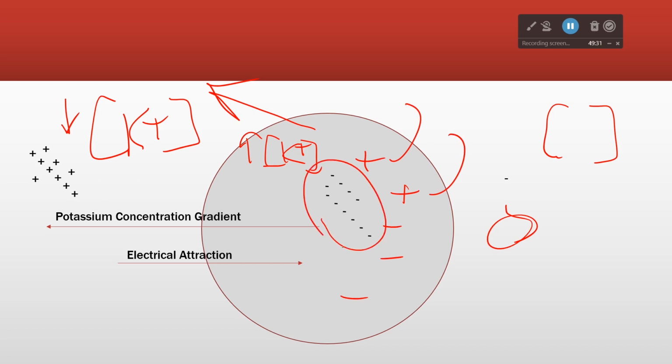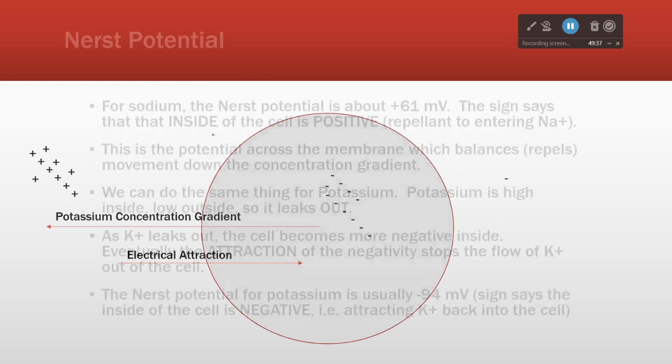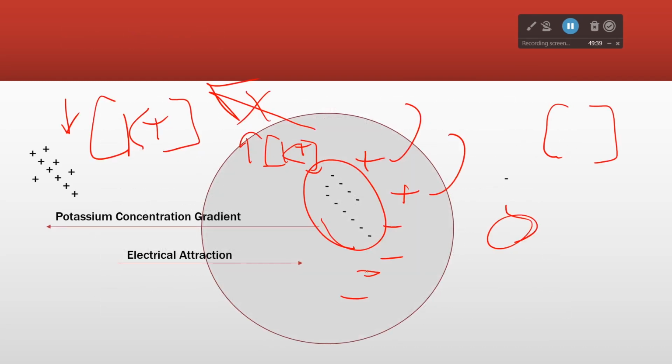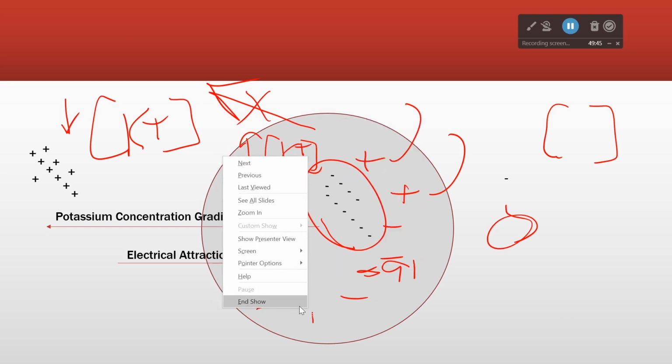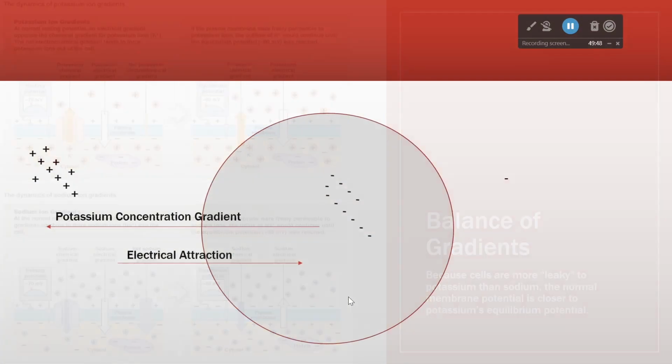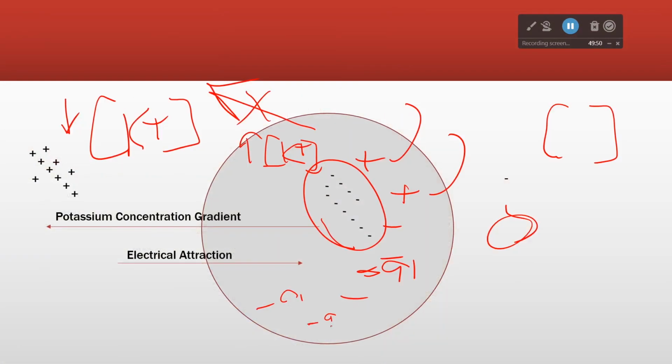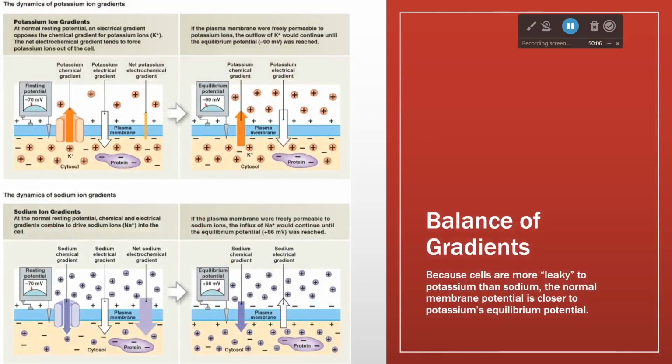So when there's enough minus on the inside, this movement is halted. And that comes about at about minus 94. So when there's enough negative charge, that's what the minus says. When we get to minus 94, the potassium stops leaving because of the electrical forces balancing the concentration gradient forces.